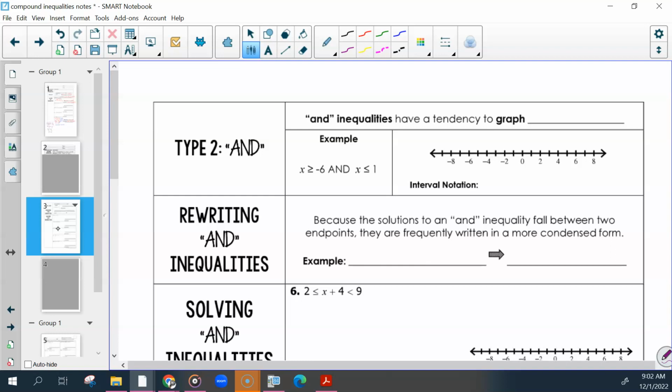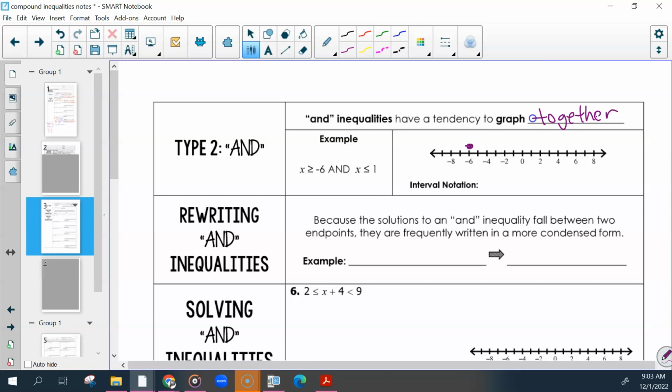So if type 1, the OR inequalities graph apart, these have a tendency to graph together. So you might see it like this at first. X is greater than or equal to -6, and X is less than or equal to 1. So again, graph that like you would normally.